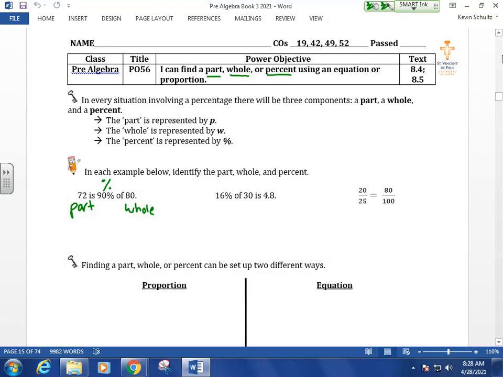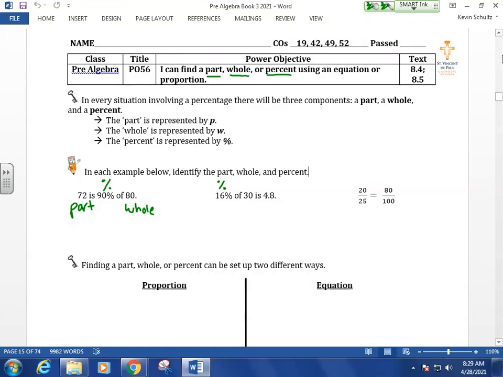Okay? The next one, 16% of 30 is 4.8. This got rearranged a little bit here. We can still think of a part as a percent of a whole. A percent of 30 is 4.8. A percentage of the whole is the part.